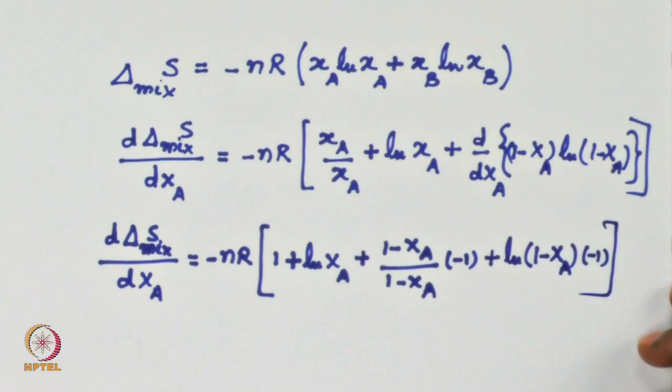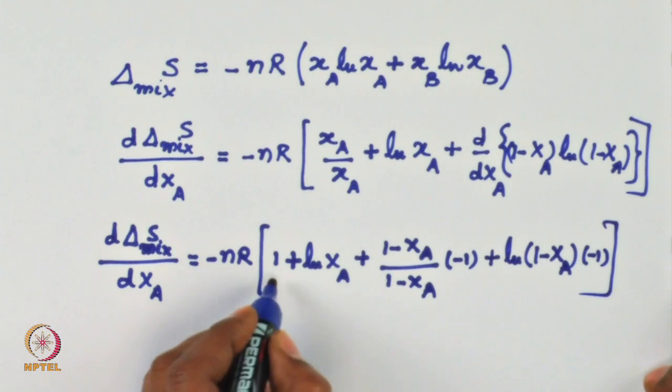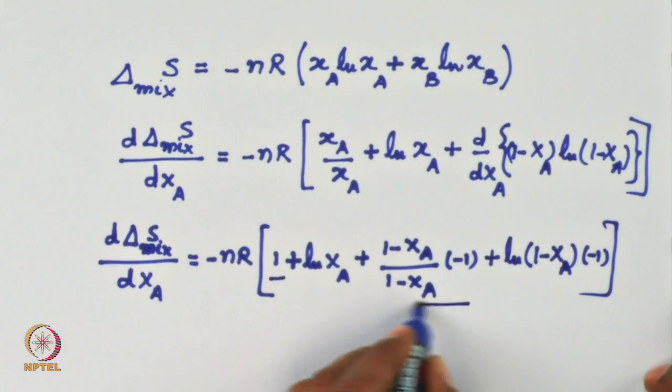This is what I am going to get. And in this, the 1 and minus 1 will cancel out.